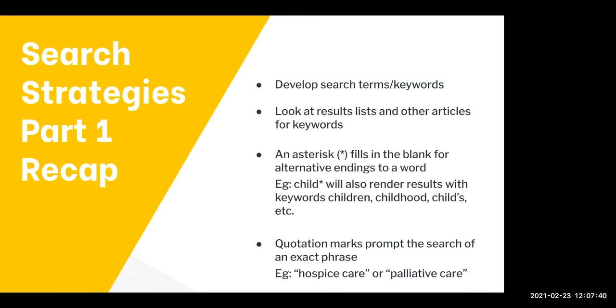Another strategy that was shared in that workshop was using an asterisk to fill in the blank for alternative endings to a word, so words that have the same root. An example of that is child. If you search child with an asterisk, it will search for child, children, childhood. So it's all the words that have that same root word.